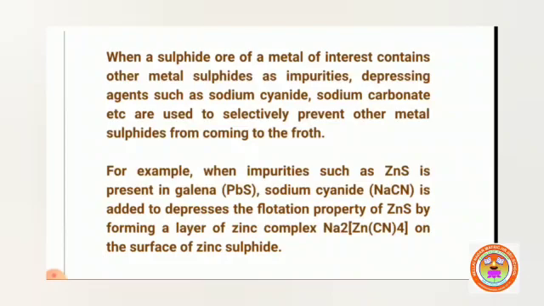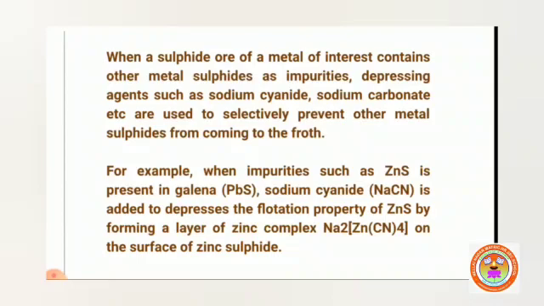For example, when an impurity such as ZnS, that is zinc blende, is present in galena ore, a depressing agent like sodium cyanide is added to depress the flotation property of ZnS. Here ZnS is the impurity.